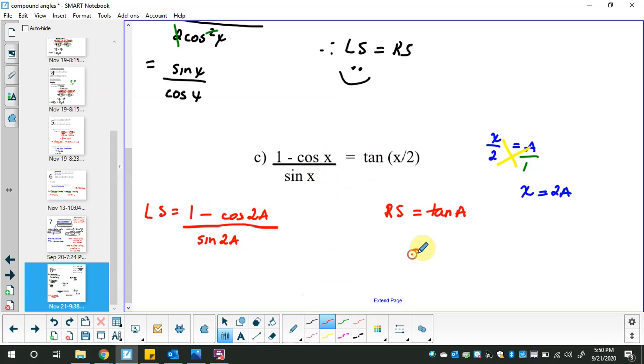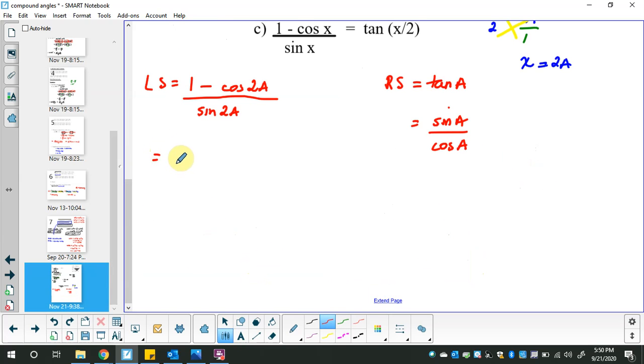So I can take this tan a, and I can make my fairly easy logical switch, which is that. And on the left side, sine 2a has only one replacement, which is a good replacement because now I have a cos a on the bottom, whereas I didn't before.